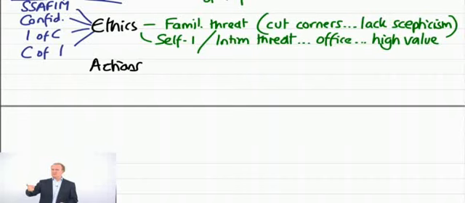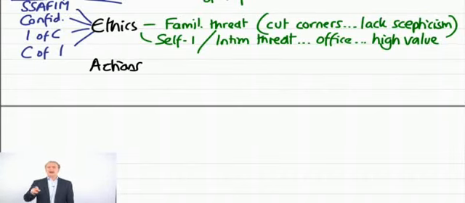Before we get down to actions, let's just run through them and see if we've missed anything. Safim. Self-interest, we've got in the answer. Self-review, I can't see any self-review here. Advocacy, no. Familiarity, in the answer. Intimidation, in the answer. Management, we're not being asked to do anything that's management. Are there any confidentiality issues? Are there things we should be reporting to an external person? Can't think of any.